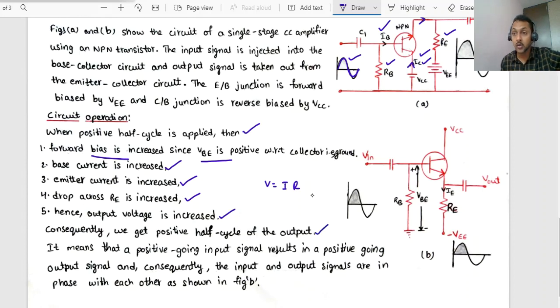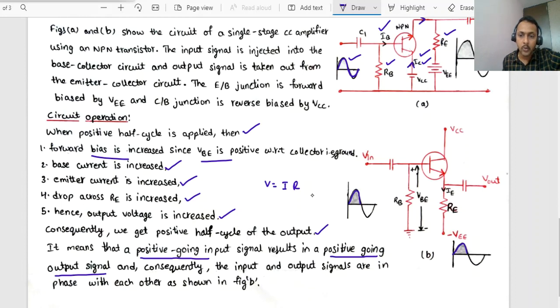In the previous common emitter amplifier, for a given positive peak, we got a negative peak as an output. But here, in the common collector configuration, for a positive peak, we get a positive peak as the output, right? It means the positive-going input signal will result in a positive-going output signal.